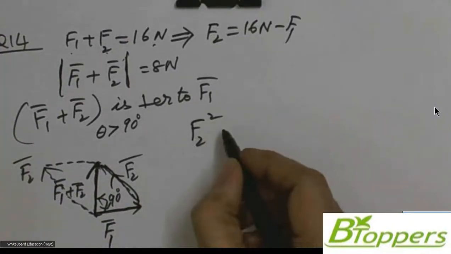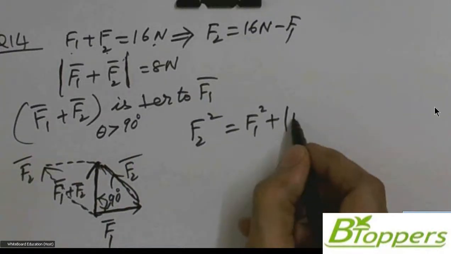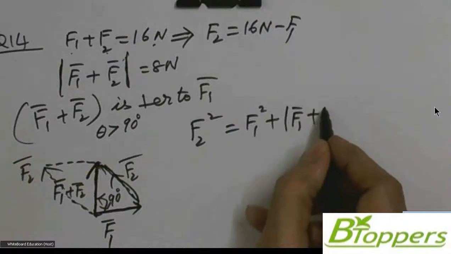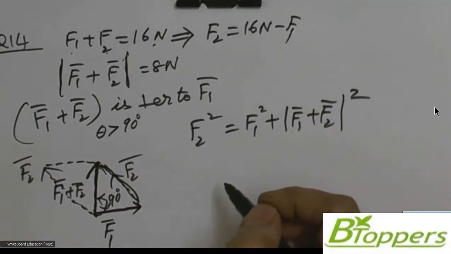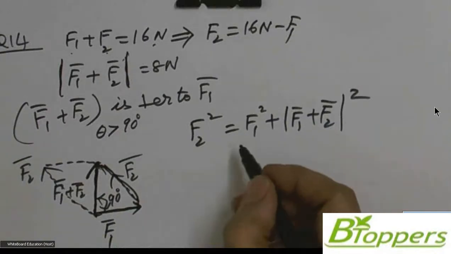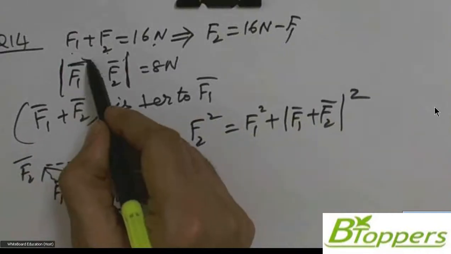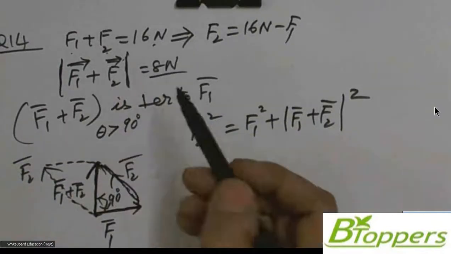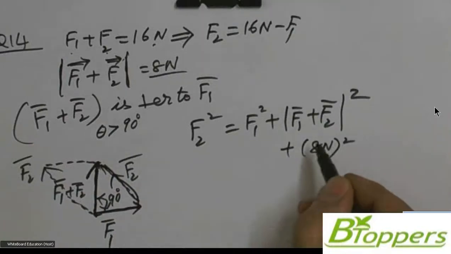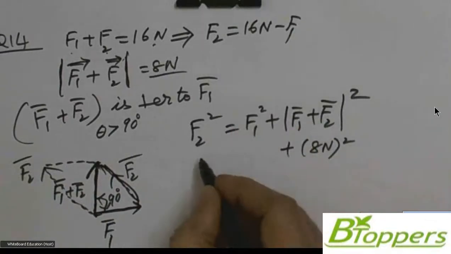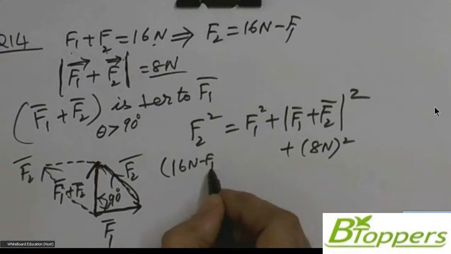F2 square equals F1 square plus the square of the magnitude of the vector sum of F1 bar and F2 bar. So you are given the magnitude of the vector sum of F1 bar and F2 bar equal to 8 newtons. And F2 can be written as 16 newtons minus F1.